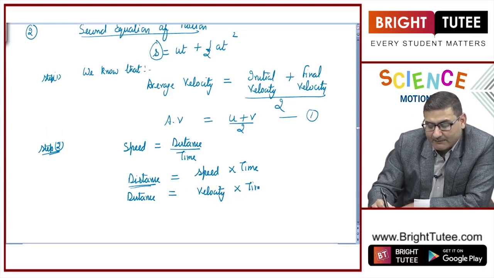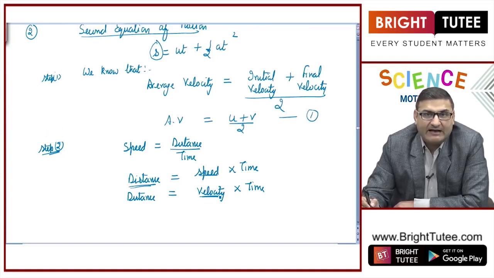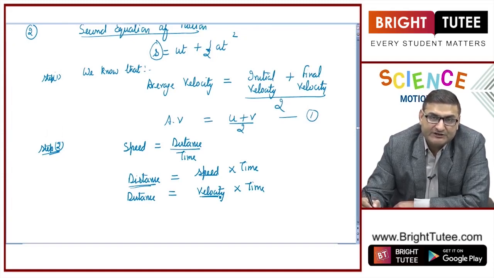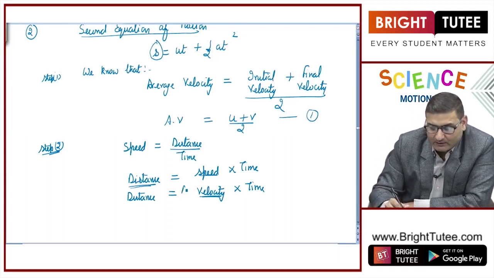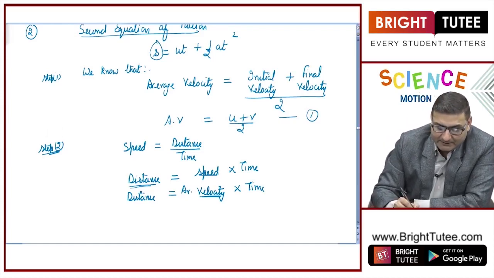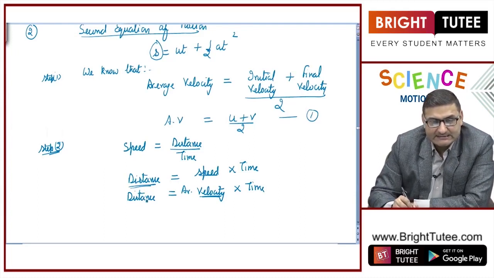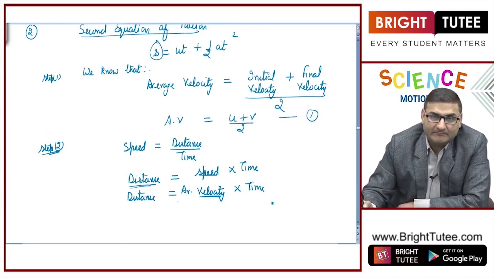So I can replace speed with velocity, right. And if I am not given the initial and the final velocity separately, I will just take what? Average velocity. So now I can conclude, or I can express my formula as distance is equal to average velocity multiplied by time taken.